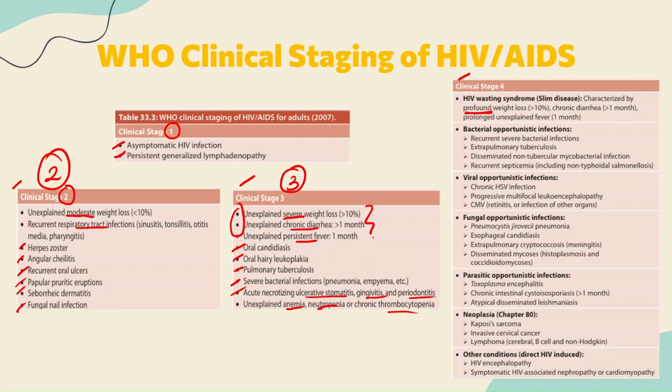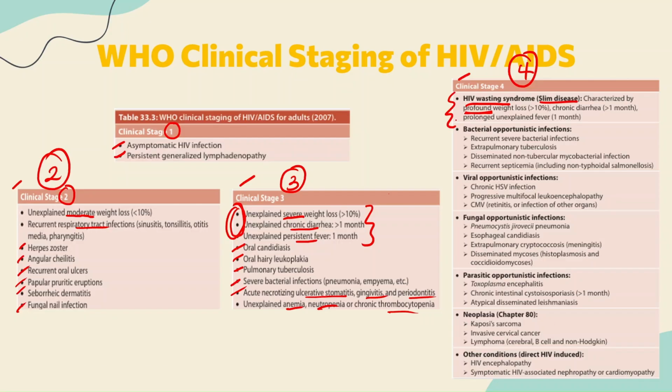All these three things together in stage 4, which we saw in stage 3 also, are referred to as HIV wasting syndrome, also called slim disease. HIV wasting syndrome or slim disease. So first, these three things would be present in your stage 4.